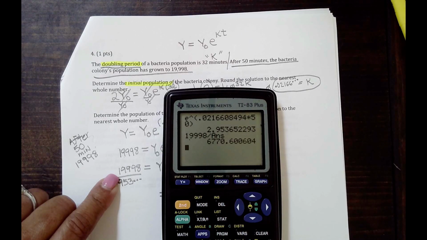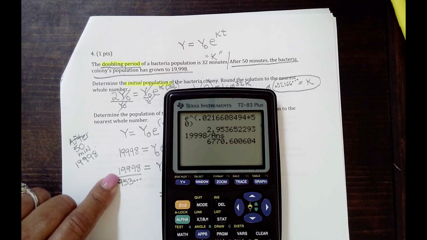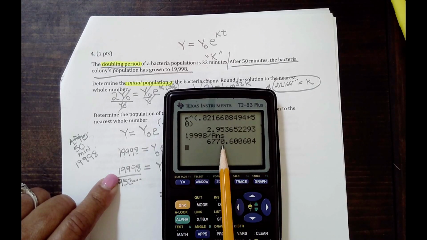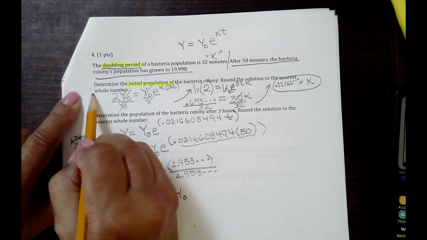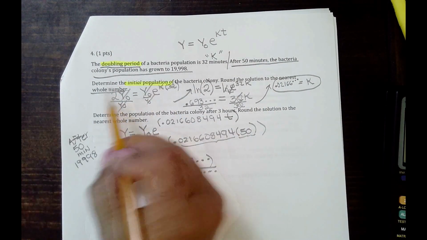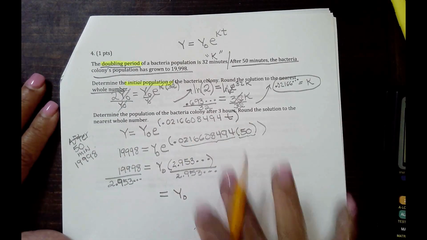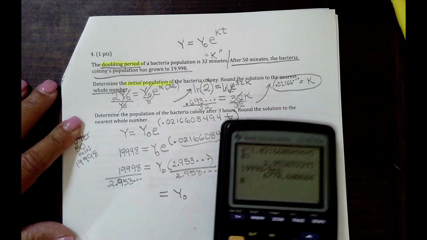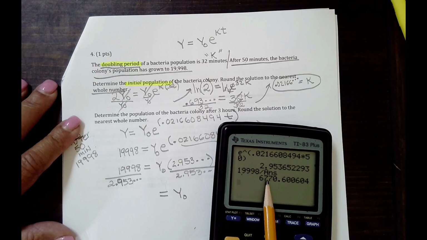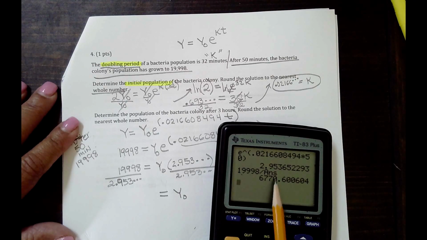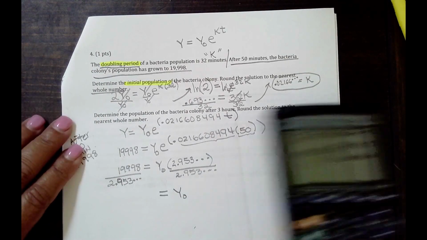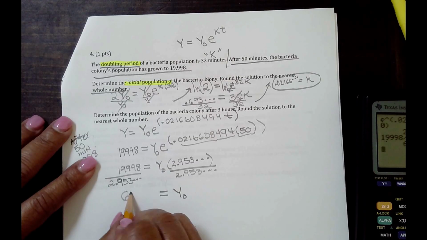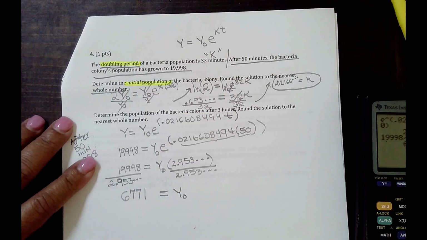And I get, let's see, to the nearest whole number, which is what they asked you to round to again. What is the initial population to the nearest whole number? Here's all the work, and it turned out to be 6,771. That's the whole number position. Use the number after it to decide whether to bump it up or leave it the same. So we're bumping it up: 6,771.